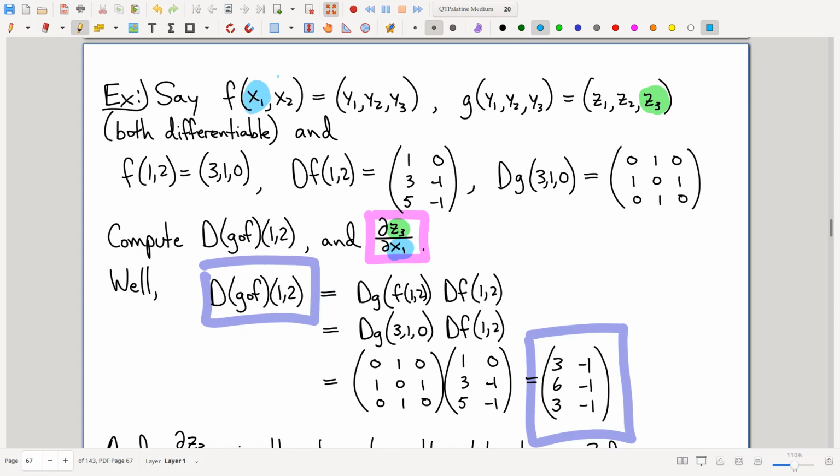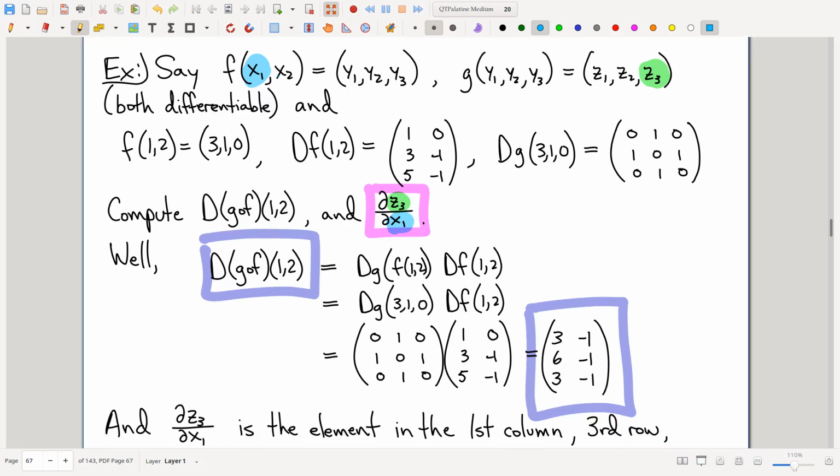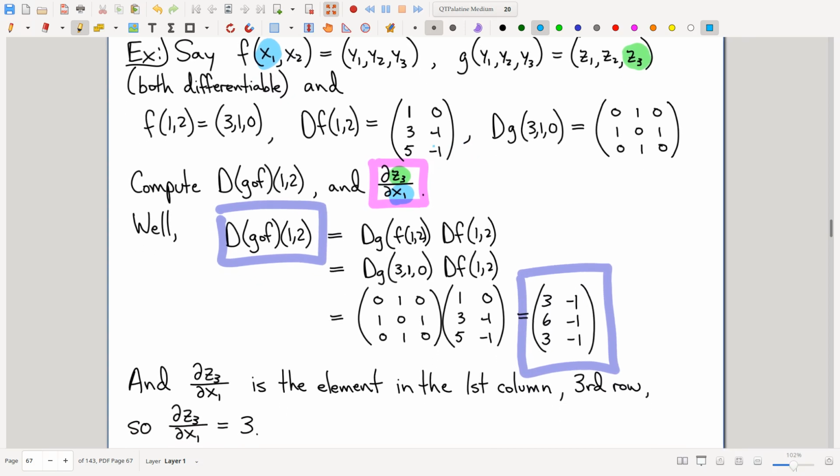So again, the composition takes F's inputs and gives G's outputs. So I'm looking for a partial derivative of the composition. I have the derivative matrix for the composition. And don't forget, the derivative matrix is made up out of the partial derivatives, one of which is what we're looking for. So the way we're going to get this straight, I need just a little bit more screen.